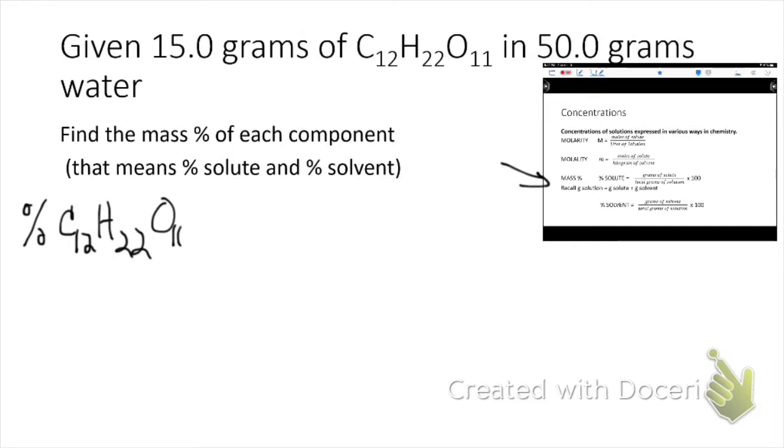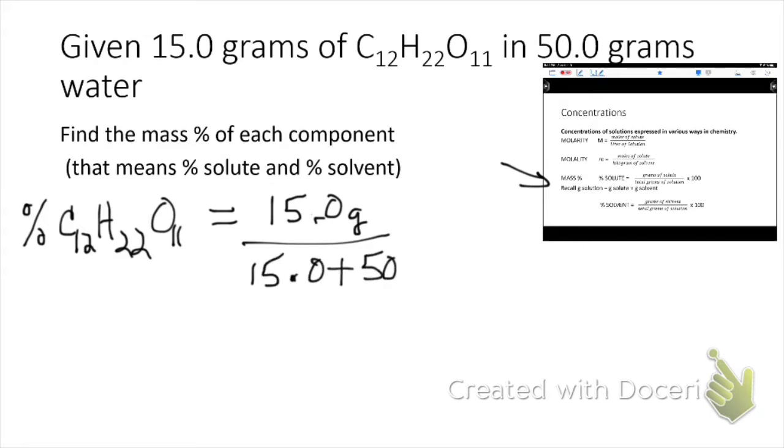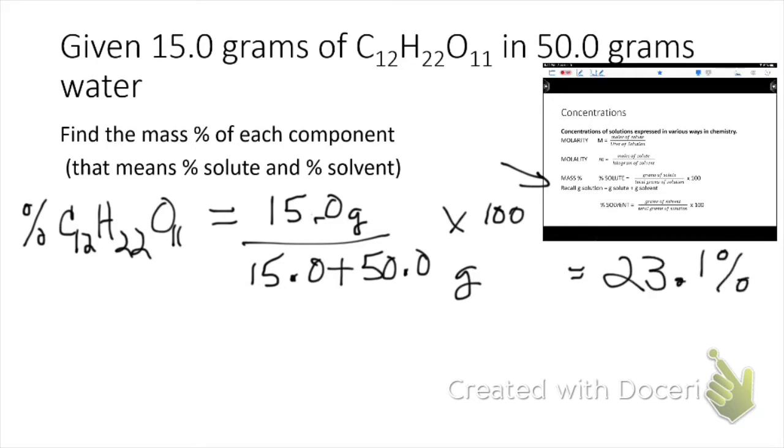So we're using this formula here. And that's in grams, so that'd be 15 grams over 15 plus 50. We want the total mass times 100. And that would give us 23.1% when we put that through the calculator.